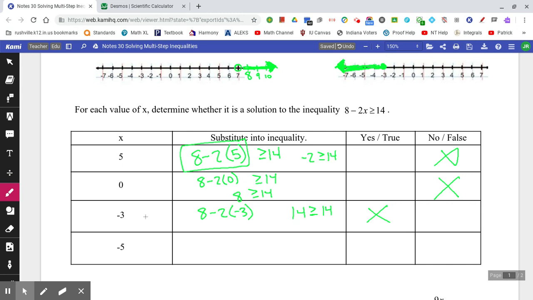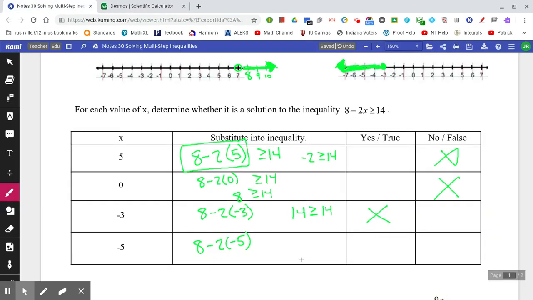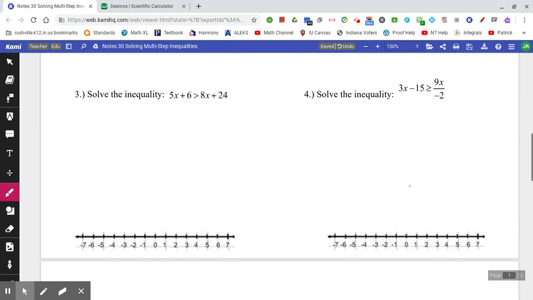And then negative 5, that's actually the one that I chose up there as well. 8 minus 2, and then in parentheses the negative 5. If I change this one to be a negative 5, that gives me 18. And we know that 18 is greater than or equal to 14, which is a true statement. All right, so that's how you can verify to make sure that you are right as you go through and do these.